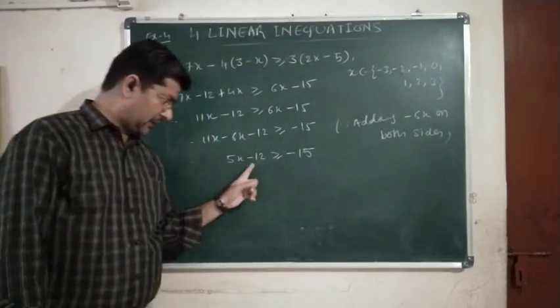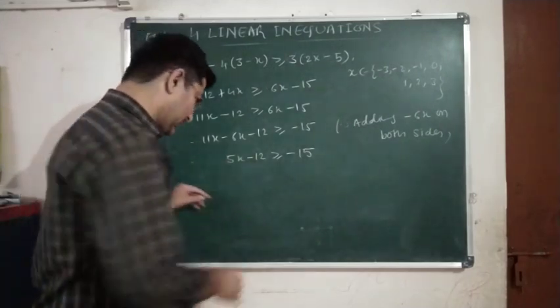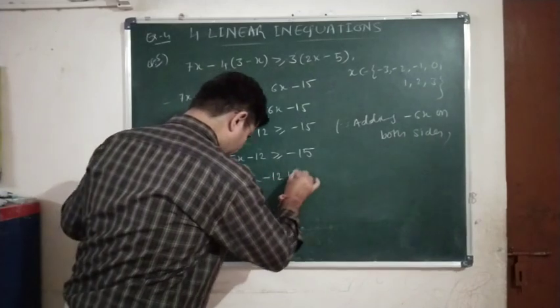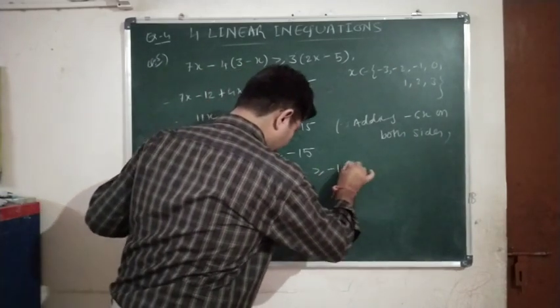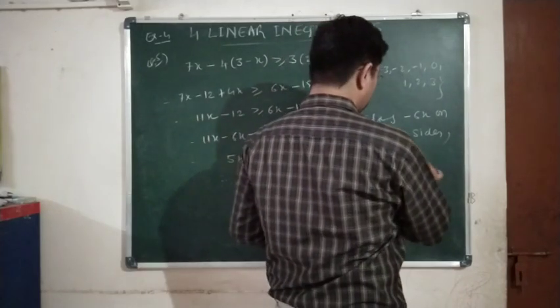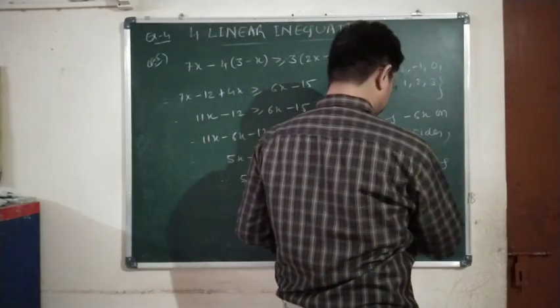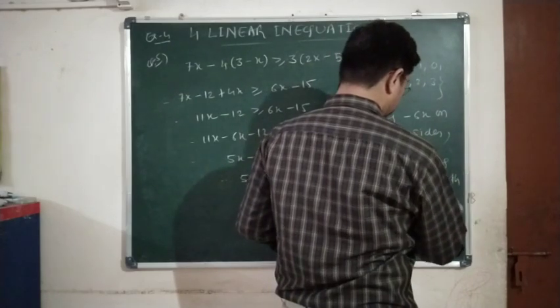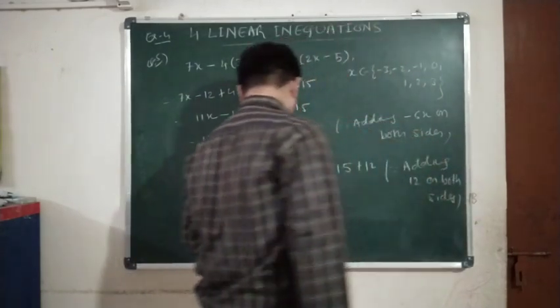Now we have to eliminate -12, so we will add 12 on both the sides. So 5x - 12 + 12 is greater than or equal to -15 + 12, since adding 12 on both sides.